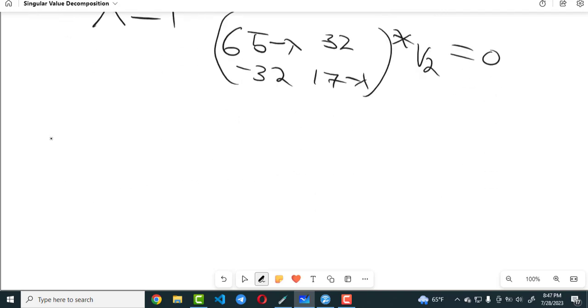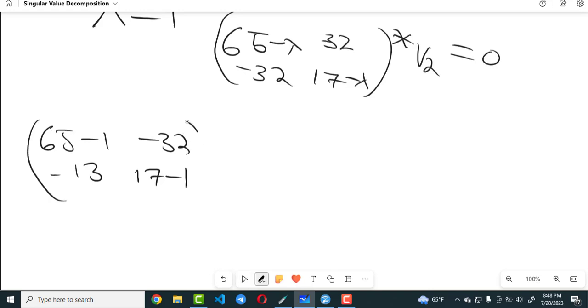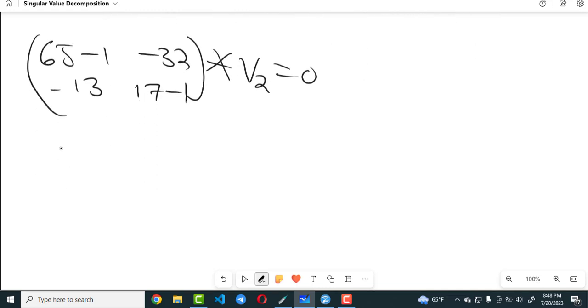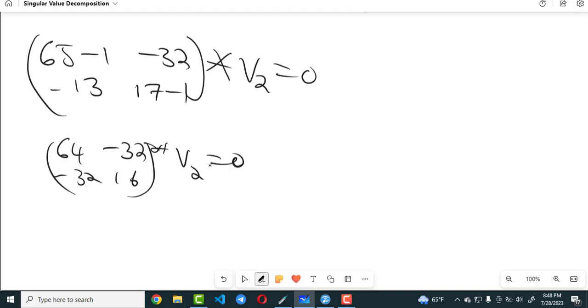So we can say 65 minus 1, minus 32, minus 32, and 17 minus 1, and all this times our vector 2 equals 0. Now this one is 64, minus 32, minus 32, and 16, times vector 2 equals 0.